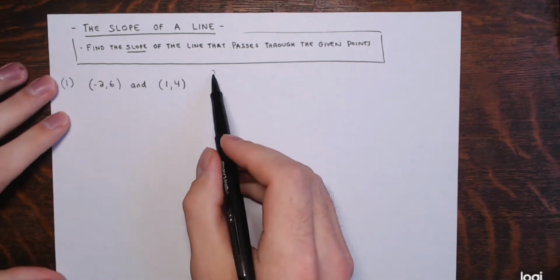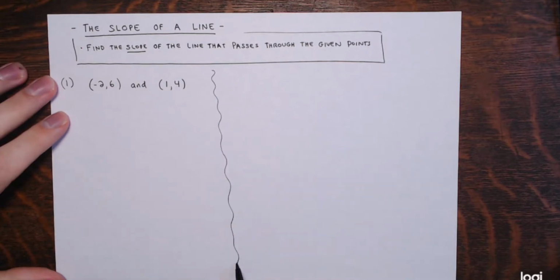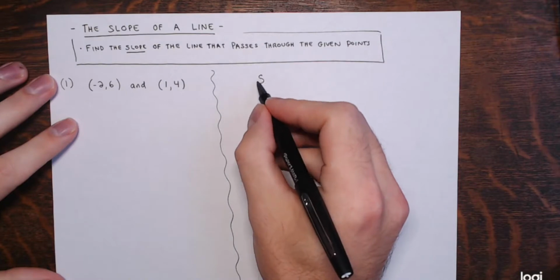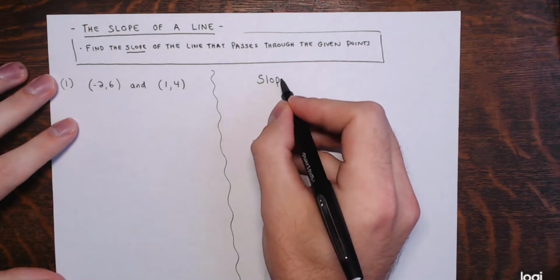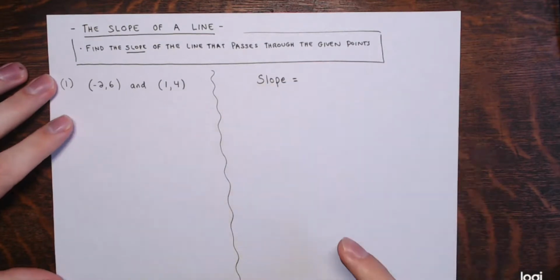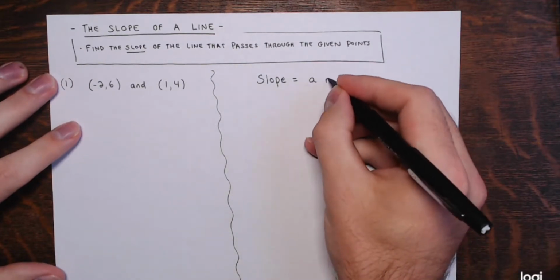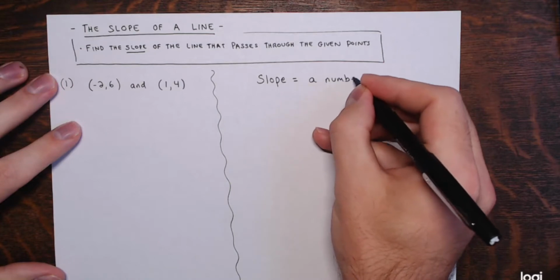And before I get into this example, off to the side of the page, I want to talk about the slope of a line. The slope of a line, it's just a number.